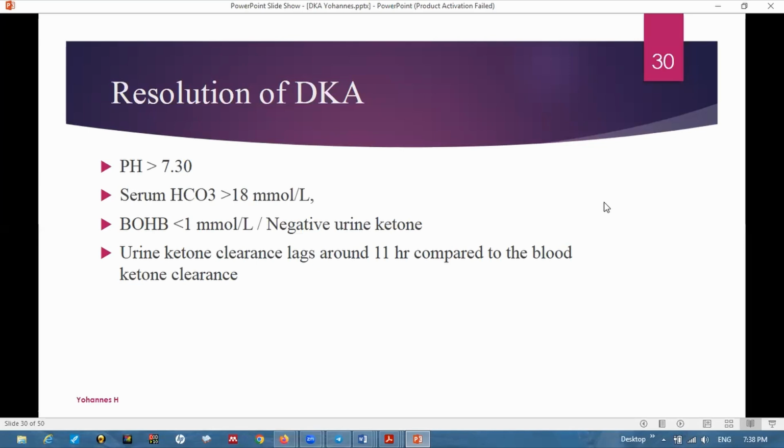In the urine, we are using the nitroprusside reaction, which detects acetoacetate. So even after DKA has resolved, urine ketone can be positive for some time, approximately 11 hours, compared to blood ketone clearance.